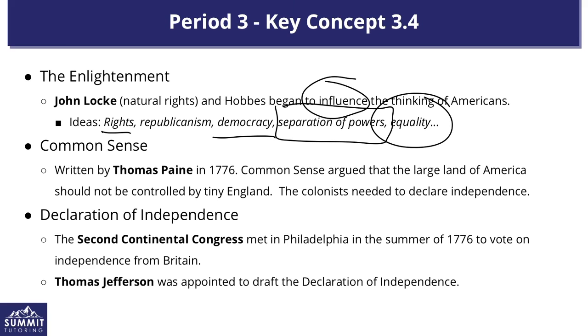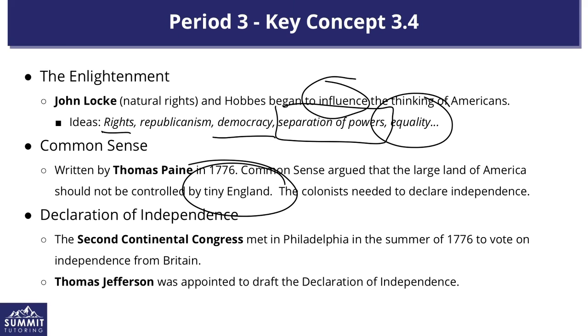Common Sense is another important document that was written during this period and during the Enlightenment. It was written by Thomas Paine in 1776, and it argued that the large land that America has should not be controlled by tiny England. He believed that America at the time, the colonies, were so big that they shouldn't be controlled by a tiny country on the other side of the world.